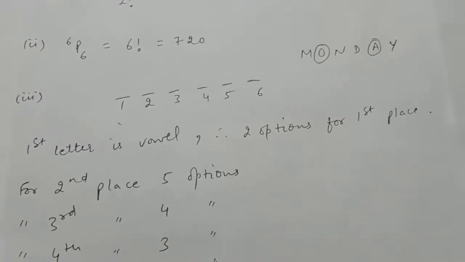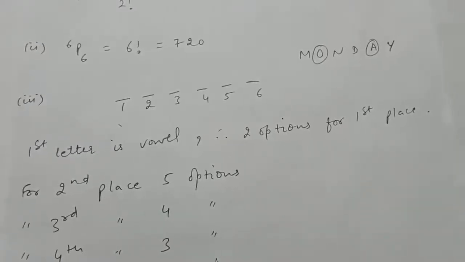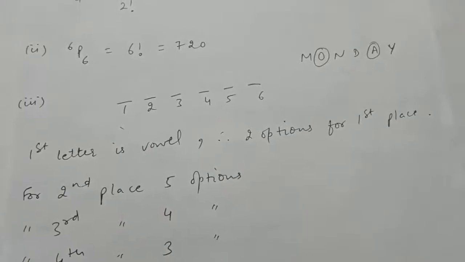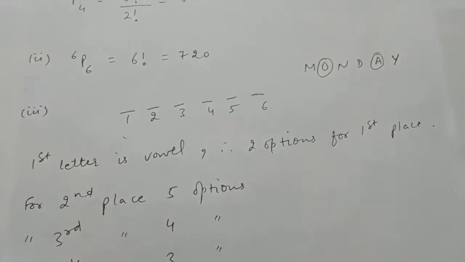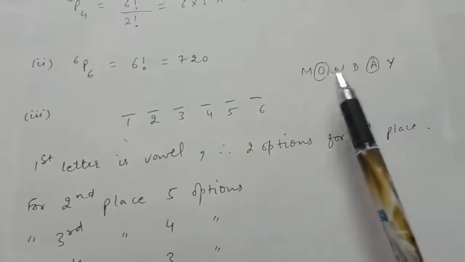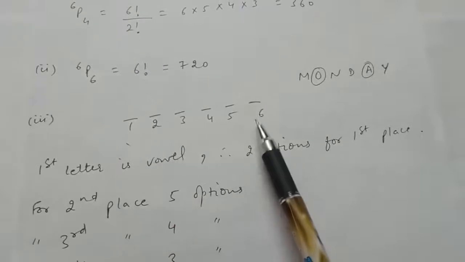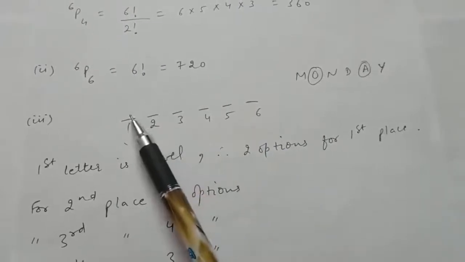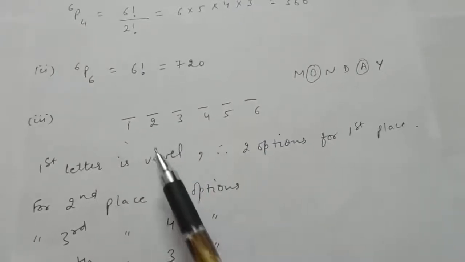Now for the third case they have given that all letters are used but the first letter is a vowel. So we have in the word Monday 6 letters. Because we have to use all the letters, we have to fill these 6 places and they have said that the first letter should be a vowel.